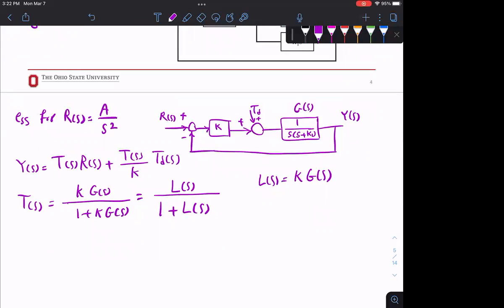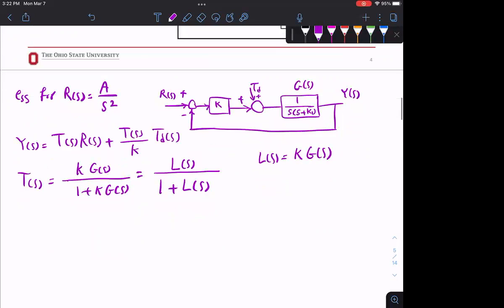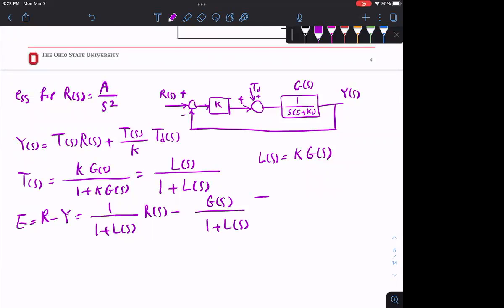If you're following this in your book, we can also write this as, this just makes it shorter. E is R minus Y. So you have your R, right? And you have your Y. If you expand this, it is (1 plus L(s)) R(s) minus G(s) (1 plus L(s)) T_D(s). From here, you will see that the denominator is 1 plus loop gain, and the numerator is basically like weighting, like how much of things you have.